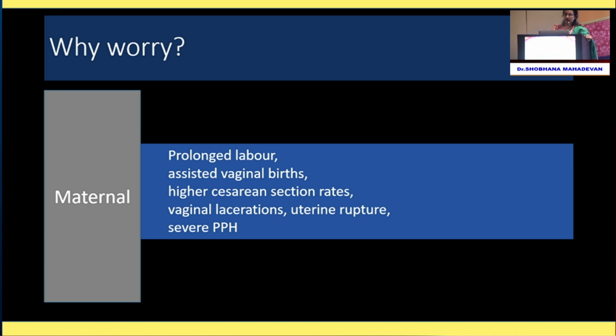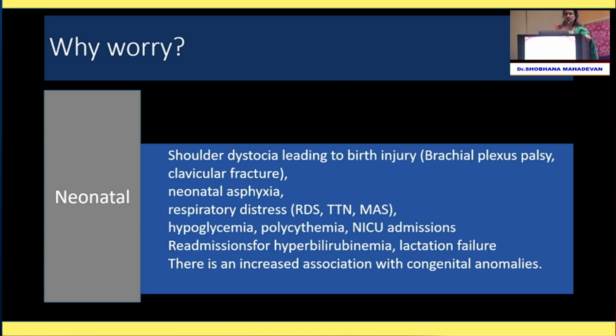If they end up in vaginal delivery, there are vaginal lacerations, and the most feared complication of uterine rupture in under-resourced settings when there is poor monitoring and untrained personnel monitoring. This is a serious complication. And PPH also, in a large uterus due to an LGA baby, is one of the reasons for severe PPH.